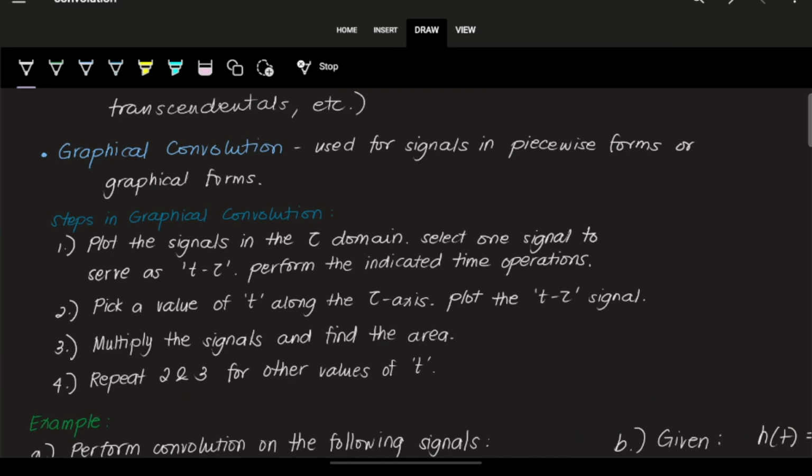Then plot the t minus tau signal based on the value of t. Then multiply the signals and find the area, and repeat the steps for the other values of t. So yun nga sinasabi ko kanina, we are going to have not only one but multiple values of t depending on the nature of the given signals.